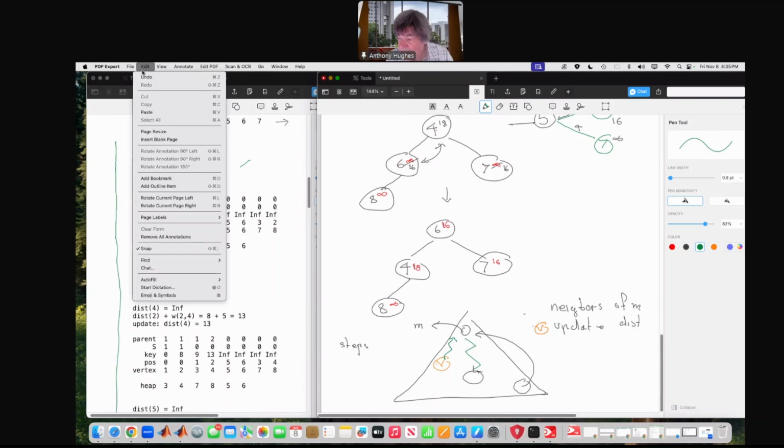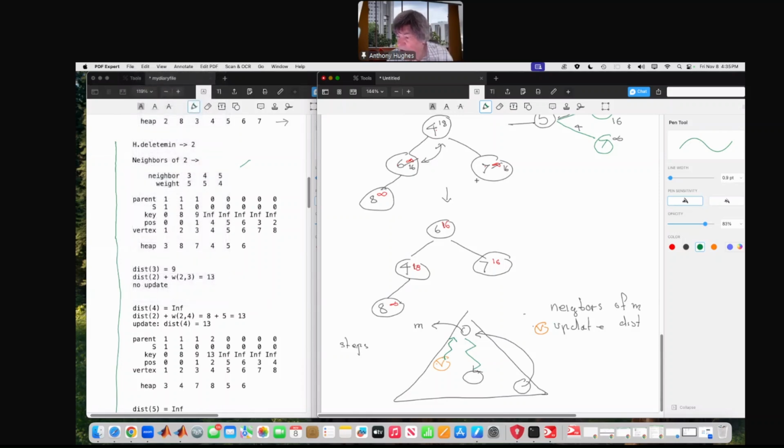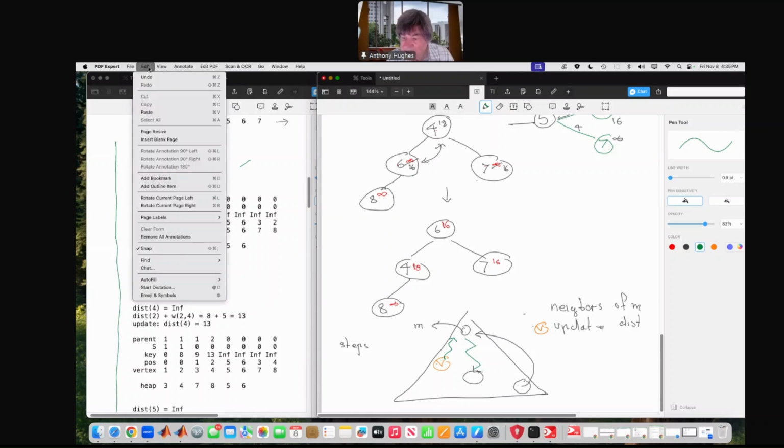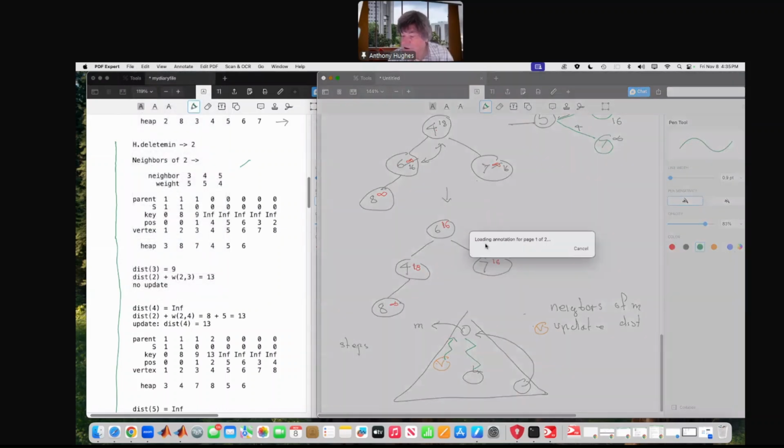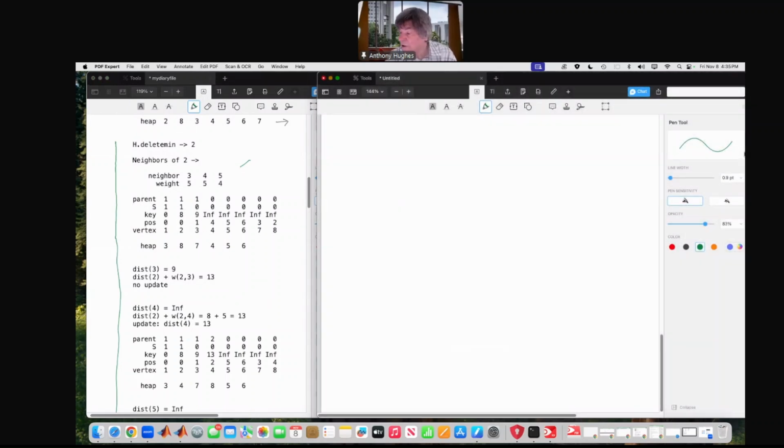Okay, so here's delete min 2. This one's a little bit more complicated. That's why I didn't do it first. But let's have a look at delete min 2.